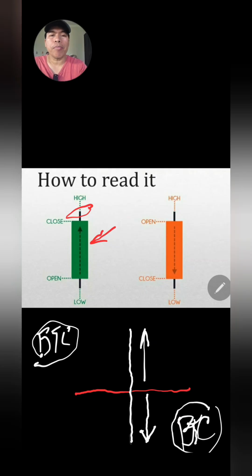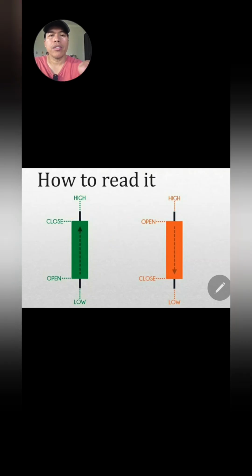Okay, so what happened is, let's change the color again. Let's go for green. Let's say this is where the trade started, right? There is no body of the candle yet, but what we have is an invisible wick. That means there was no wick yet, but this is what happened.